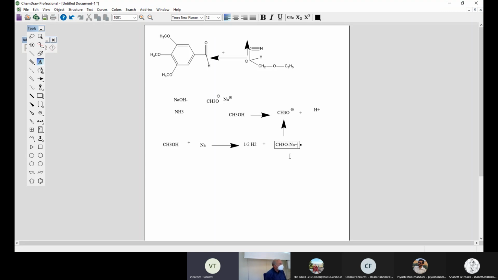This is a redox reaction. In this way, we can have a very, very strong base because we have a salt of an alcohol anion.